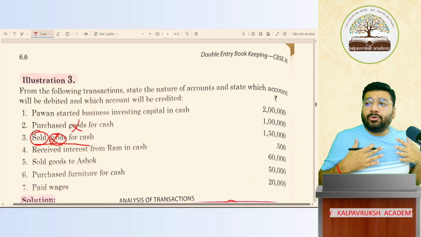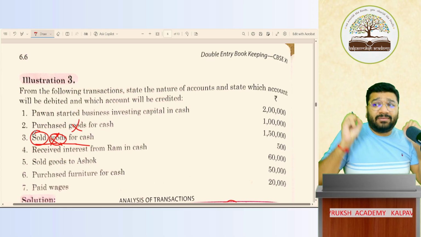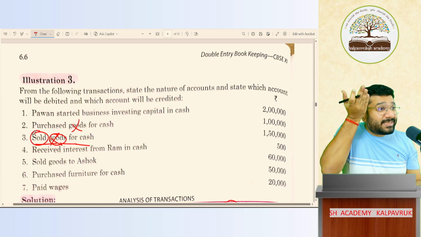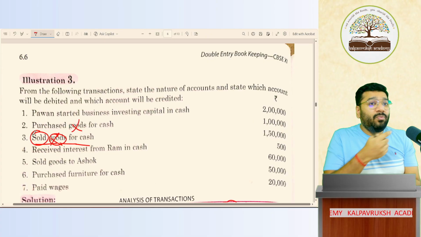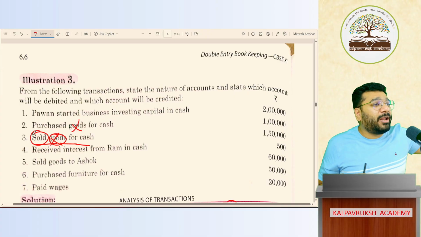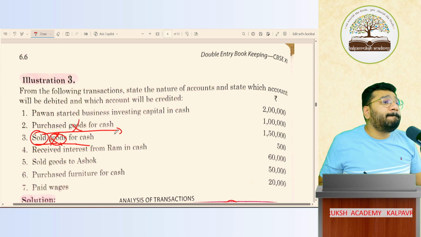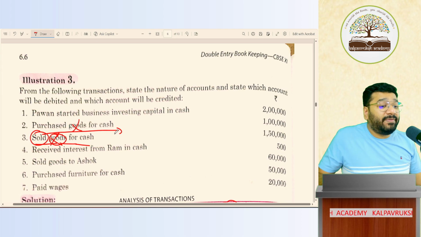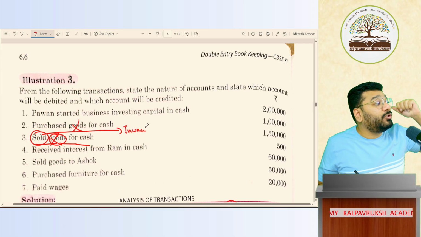Sold, so I need to record my income. If I don't record income, the income tax department will come and bite me, because income increases profit. More profit, more tax. So if I don't want the income tax bite, I need to record income. As per modern rule, sale is what classification? Income or revenue. The right term that they've used is revenue.